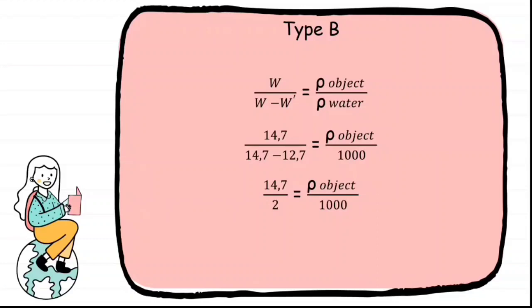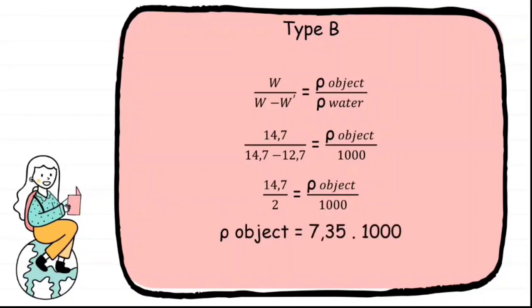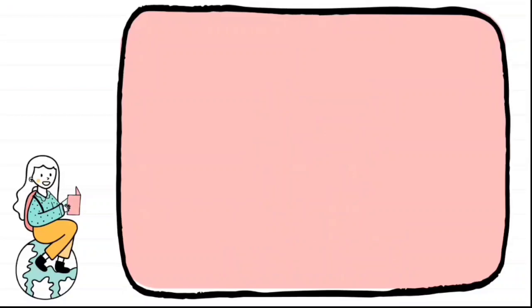So 14.7 over 2 equals rho object over 1000. So the density of the object equals 7.35 times 1000, and the rho object of type B gold equals 7,350 kg per meter cubic.